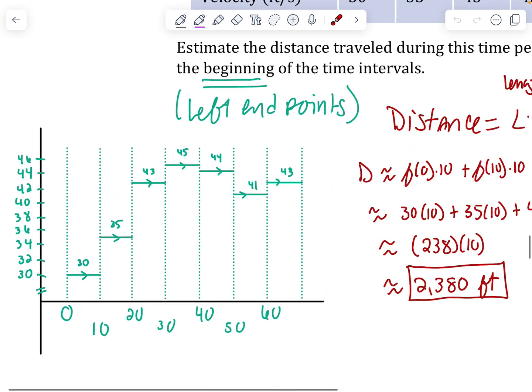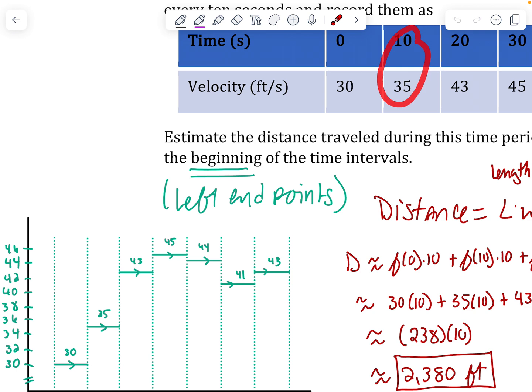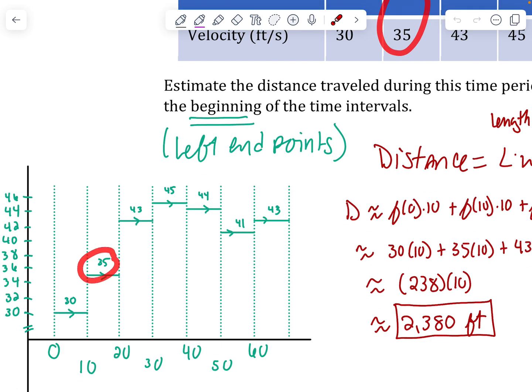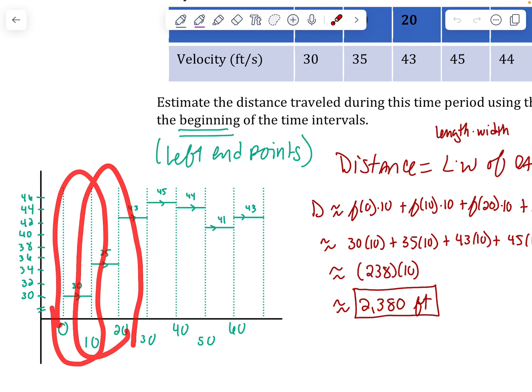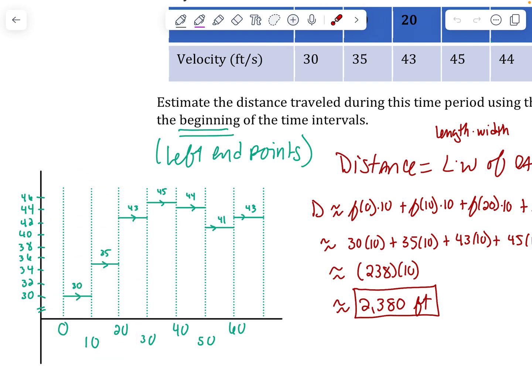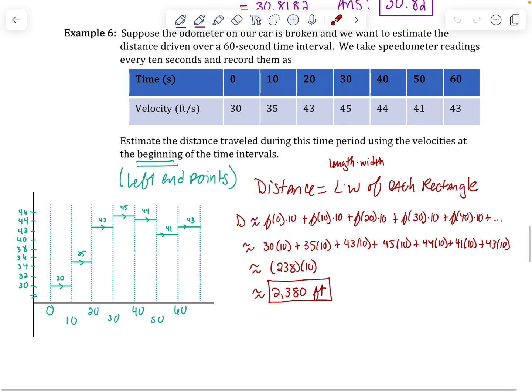Right at 0 seconds, the car was going 30 miles per hour, and then at 10 seconds, we were going 35 miles per hour. So when I chopped it into 10-second intervals, I started with the speed on the left and drew that across to create all of these different rectangles.